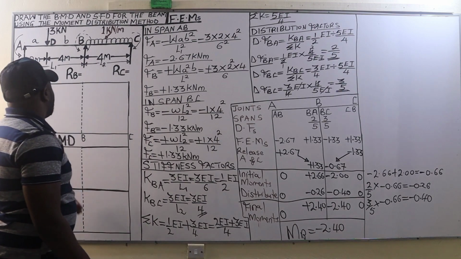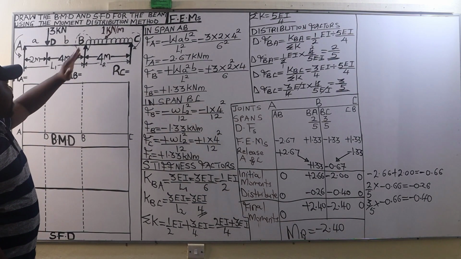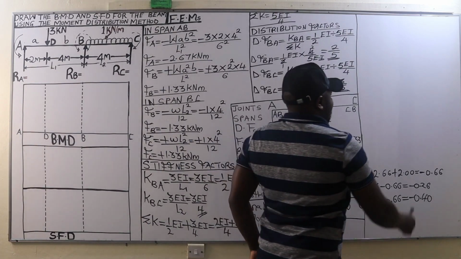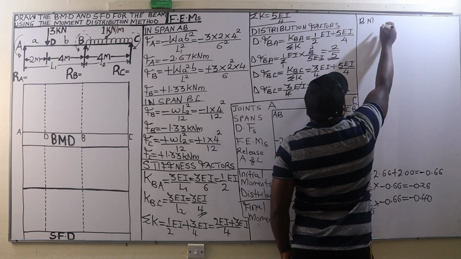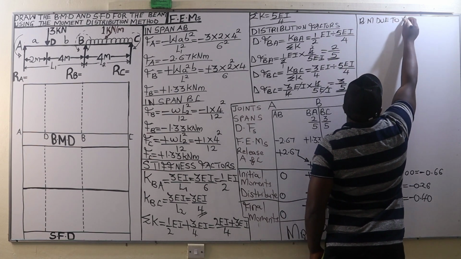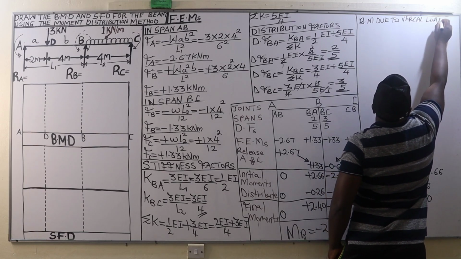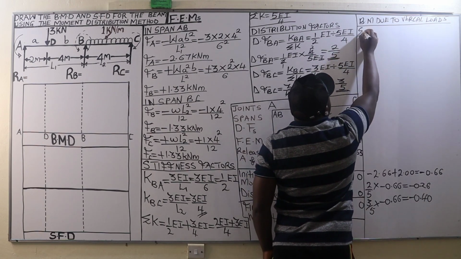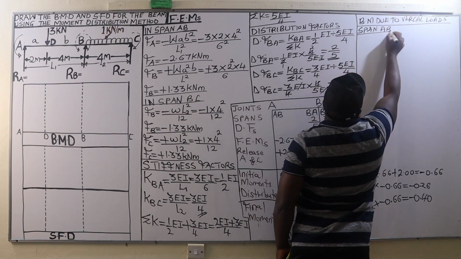Let's calculate the maximum bending moments at D, that is in the span AB, as well as the maximum bending moment on the span BC. So we go to the maximum bending moments due to vertical loads, beginning with the span AB.